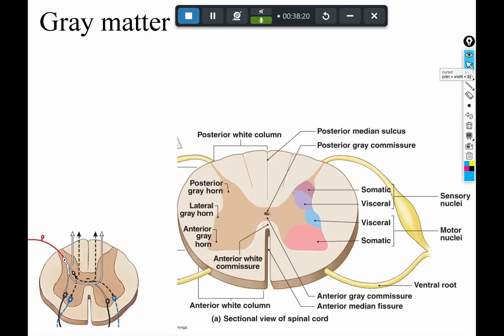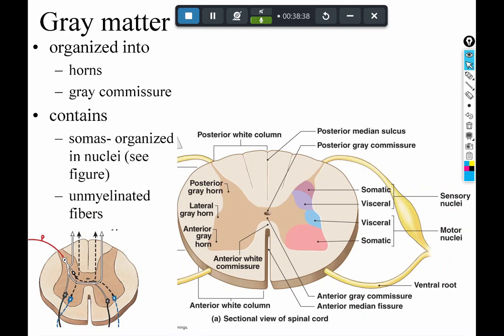Okay, so let's talk about the gray matter arrangement of the spinal segment. So you can see that the gray matter itself is arranged into this pretty lovely butterfly shape, and the wings are made up of horns, and the middle part is made up of commissures.